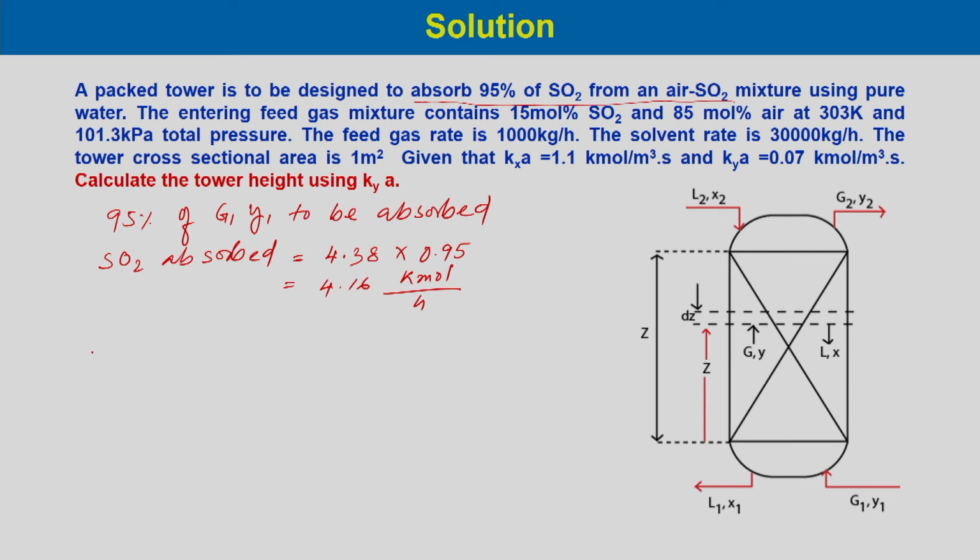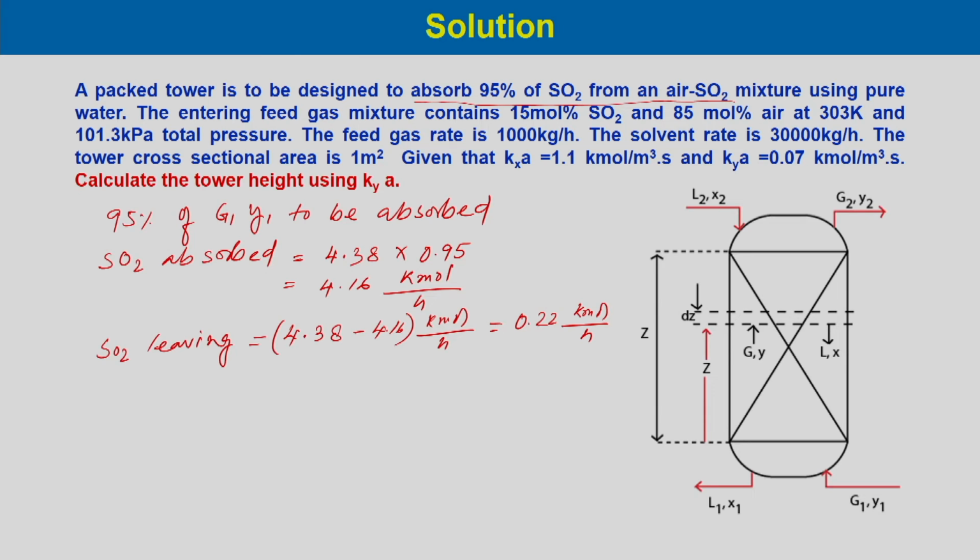The SO2 which would be leaving is the difference between the total SO2 entering and that absorbed. So, this is equal to 4.38 minus 4.16 kilomole per hour, which is equal to 0.22 kilomole per hour.